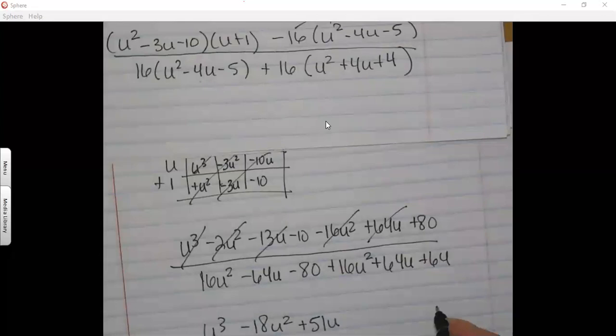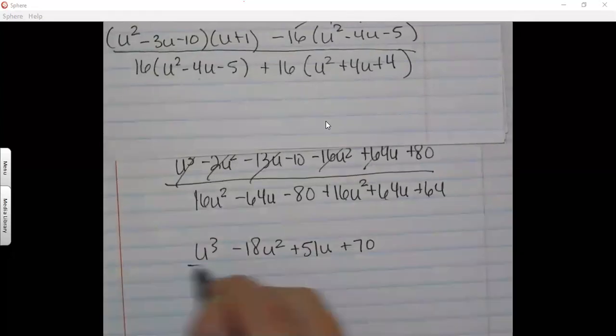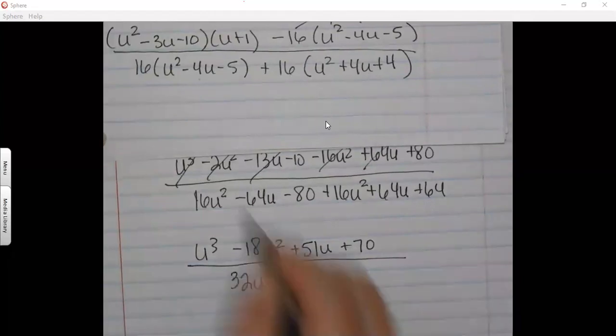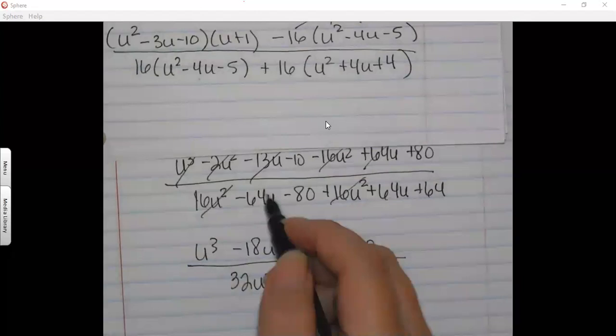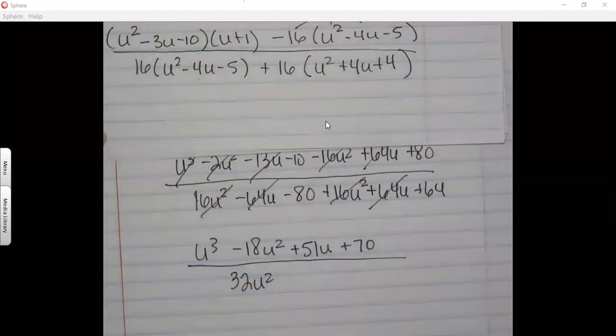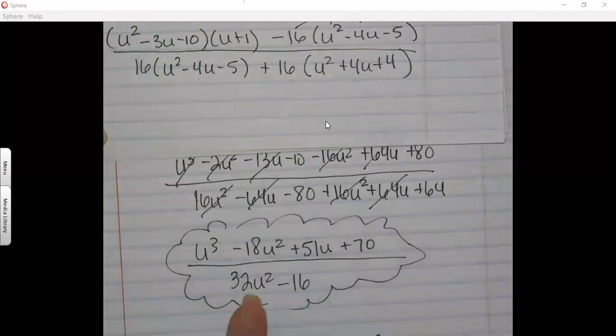Ooh, so far I have the same thing as the answer key. I'm so excited. All over 16u squared plus 16u squared is 32u squared. Negative 64u and positive 64u cancel. And negative 80 plus 64 gives me minus 16. This is the way they have the answer, so I'm not going any further. I could factor out a GCF of the denominator, but it won't cancel with the numerator, so that's probably why they did not do that.